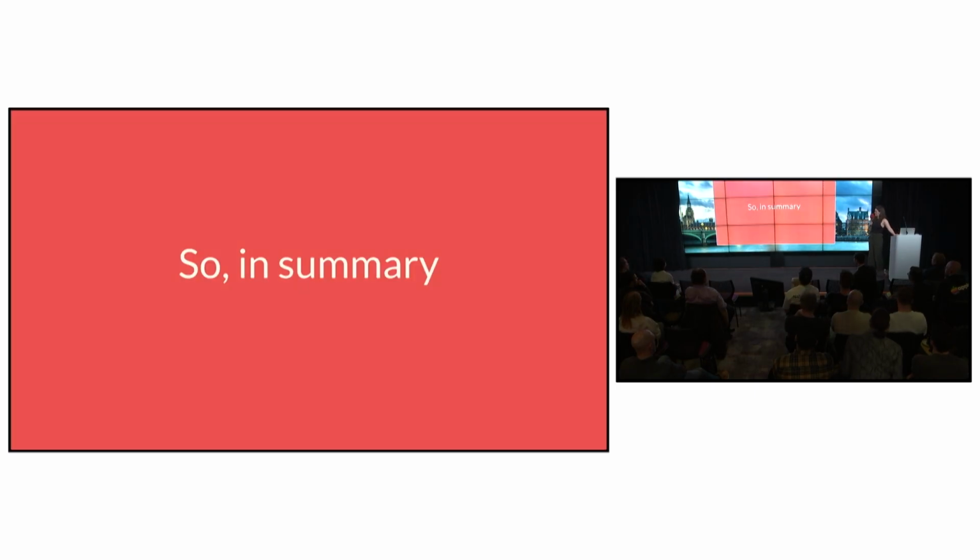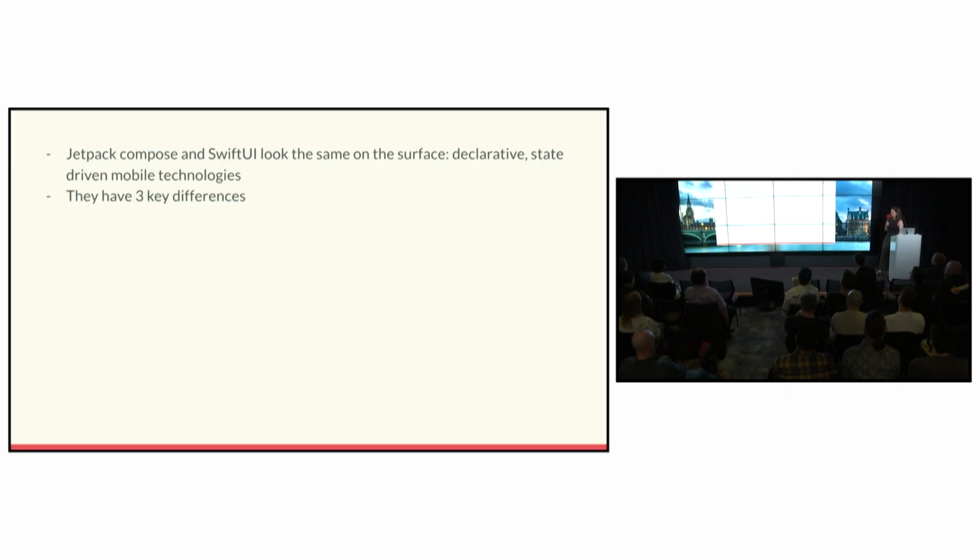So a quick summary. Jetpack Compose and SwiftUI look the same on the surface. They're both declarative, they're state-driven, and they're mobile technologies. In my opinion, they have 3 key differences. These are state management, as discussed, navigation, and architecture.